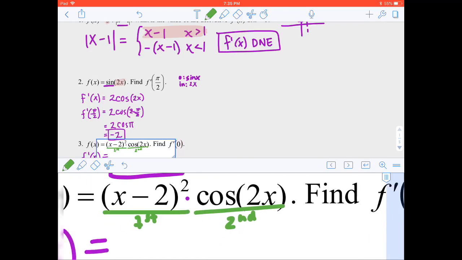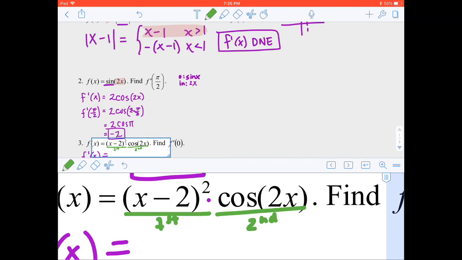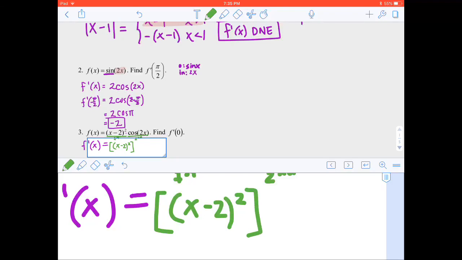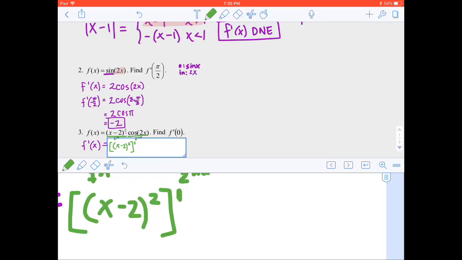So I'm going to start by taking the derivative of the first function. And you know what I'm going to do? I'm not even going to take that derivative yet. I'm just going to write (x minus 2) squared, put that in a bracket with a little prime. So that's a little reminder to me that I'm going to go and take the derivative of that piece there.